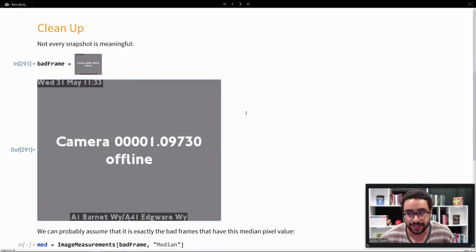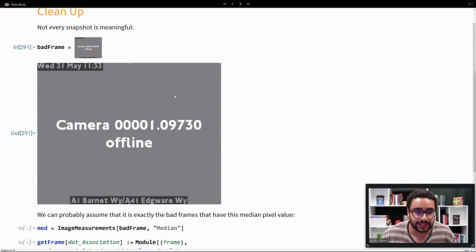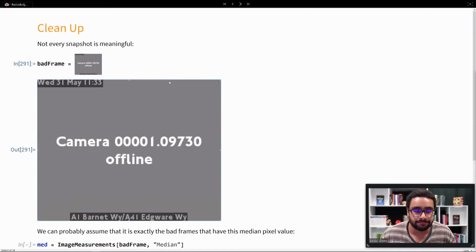So how can we do that? Well, one thing we could do is to know that this frame is mostly the same color. There's this exact shade of gray.